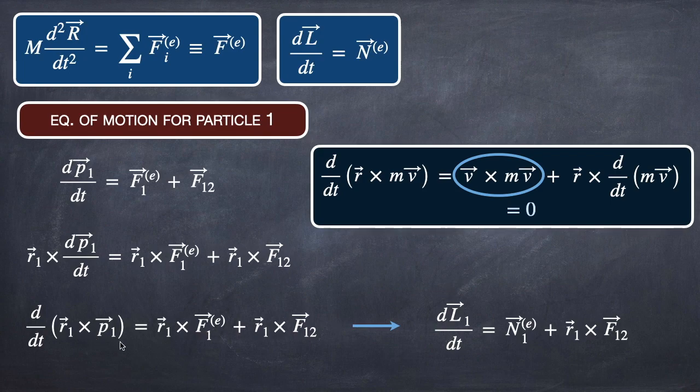So we can write this equation as the time derivative of the angular momentum, and R1 cross the external force over particle 1 is the torque from the external force on particle 1. So we're going to repeat this last term and obtain this equation here.